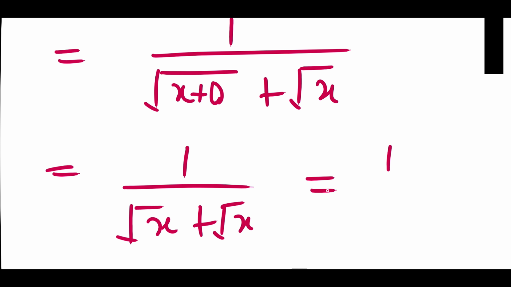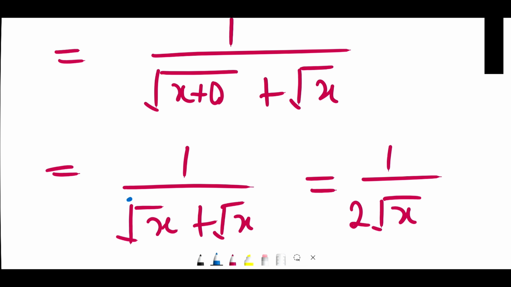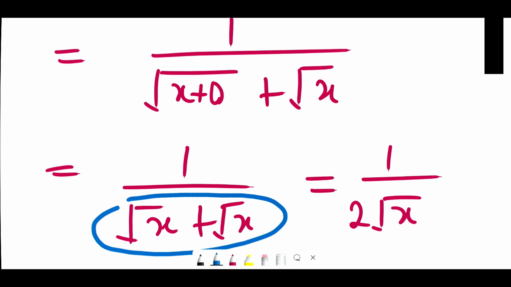And this will give us 1 divided by 2 square root of x. These are like surds. So when you add them, we have 1 here. Here too we have 1. So it becomes 2 square root of x.